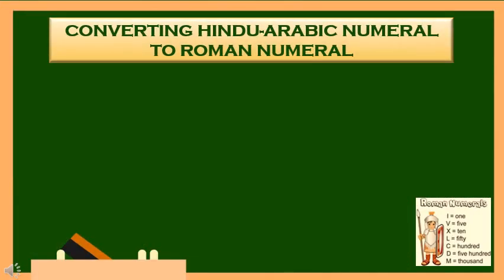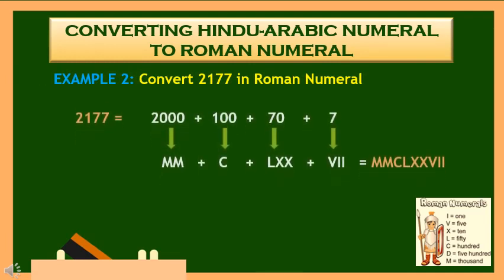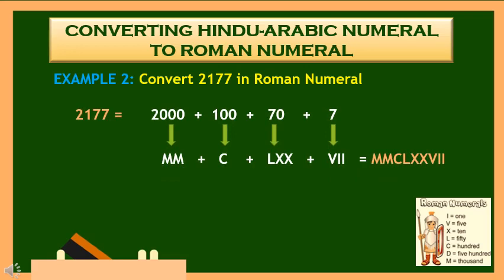Let us take another example. Convert 2177 in Roman numeral. First, we will write down 2177 in its expanded form. That is 2000 plus 100 plus 70 plus 7.